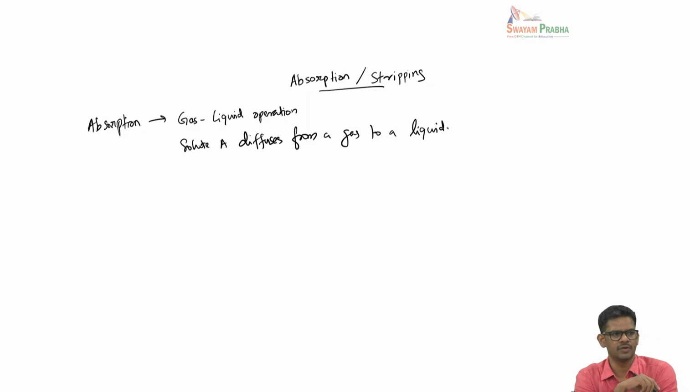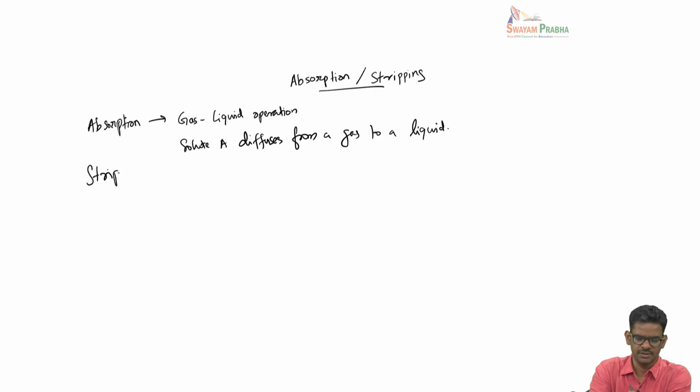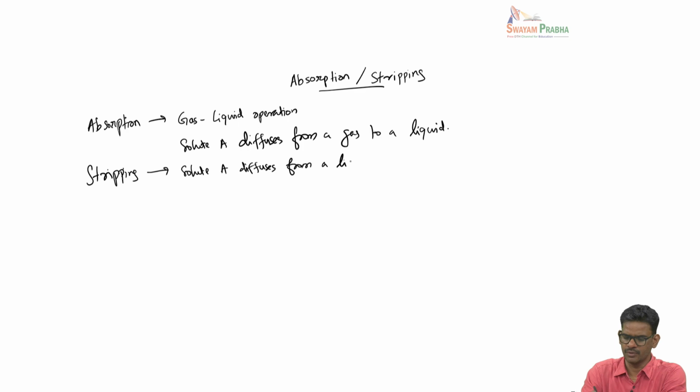Okay, this is what we call absorption, whereas stripping or desorption is also gas liquid, but here the solute A diffuses from a liquid to a gas. So only the direction is different in these two operations.